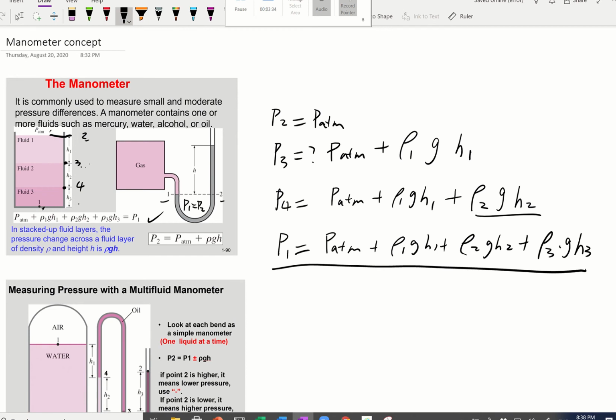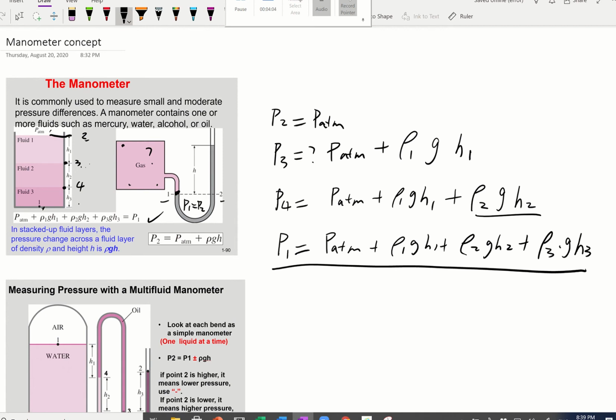If you're trying to figure out the pressure of this gas, remember that for a gas in a room or a container, the pressure change is negligible. So the pressure here will be similar to here or here, and at point 1 it still takes up the pressure you're solving.